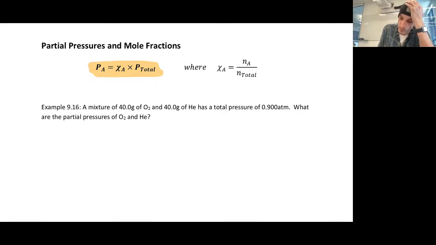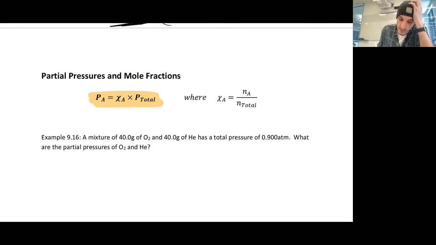So I would like to point out the fact that if I have just pure substance A, okay, if I have 100% gas A, what that ultimately means is there's no mixture here. It's the same thing. The pressure of A is equal to the mole fraction of A times the total pressure.